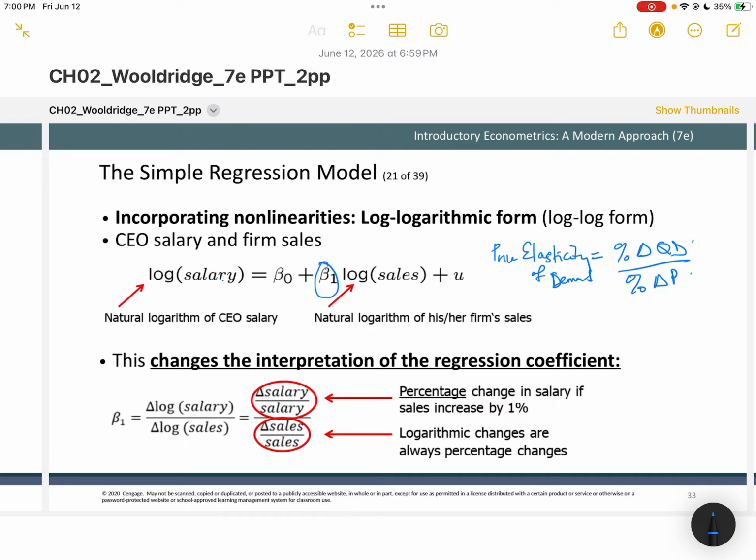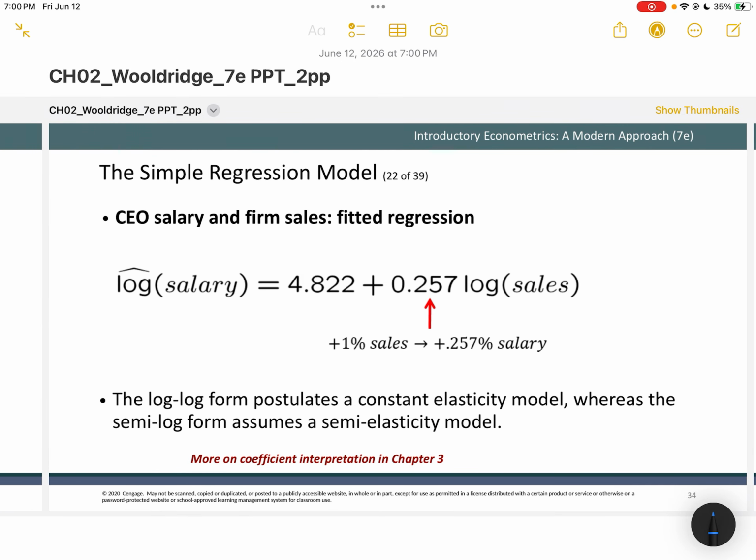So for every percentage change in sales, this is how we'll interpret beta 1. For every percentage change in sales, salary changes by some percentage. And here's the example: for every 1% change in sales, salary changes by 0.257%. Now, for every 10% increase in sales, salary will change by 2.57%.